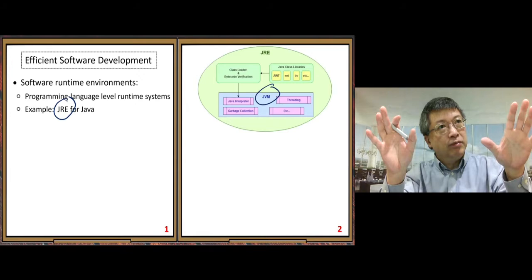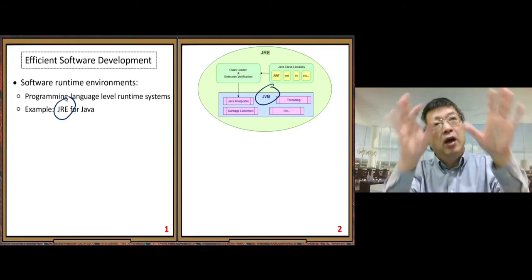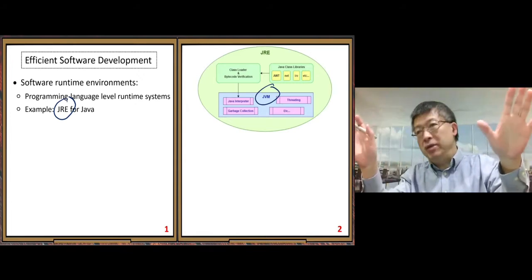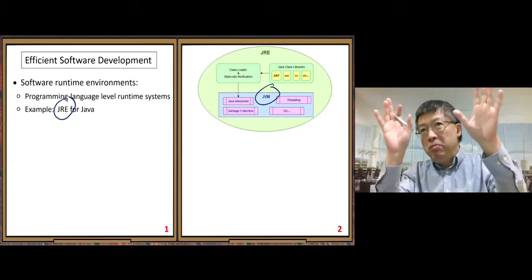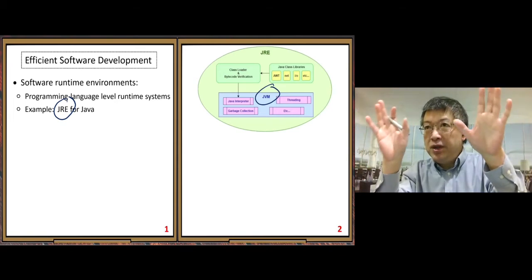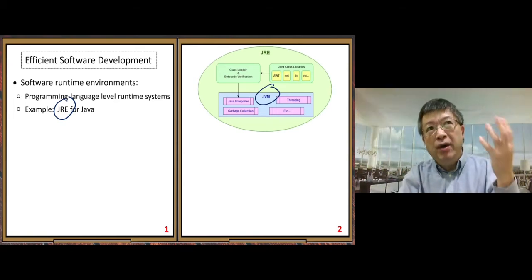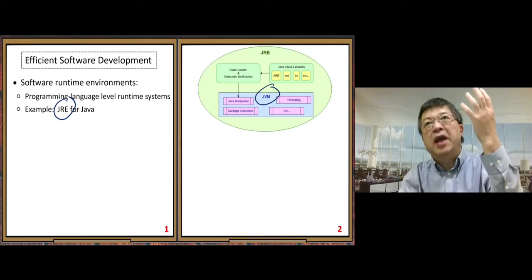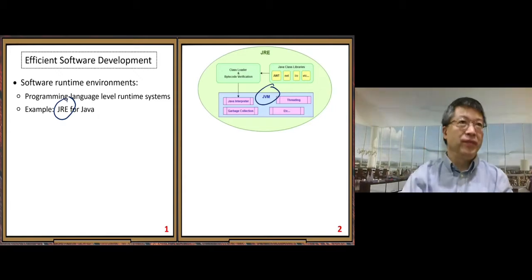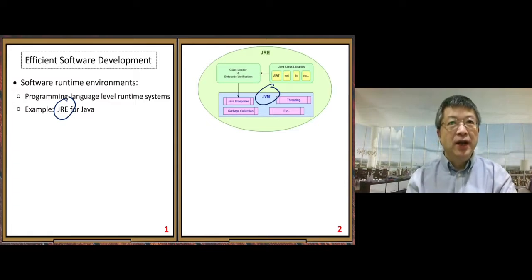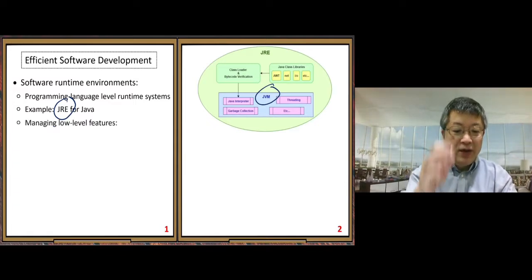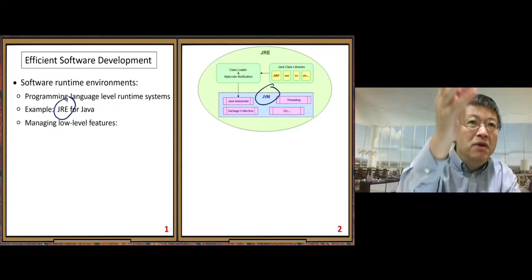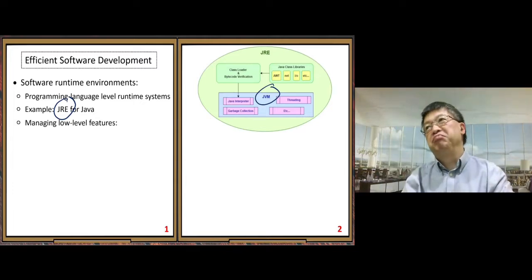It is a special type of software runtime environment. All right, but what does it do? We want to know what this runtime environment can do for us. Basically, this runtime environment manages low-level features.